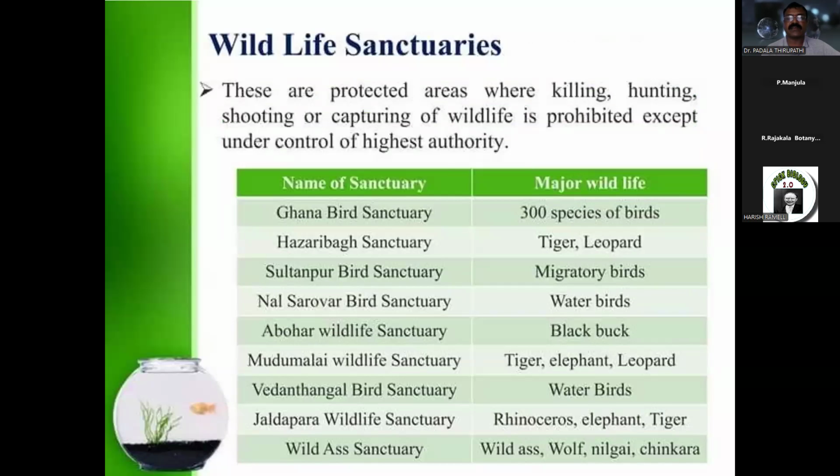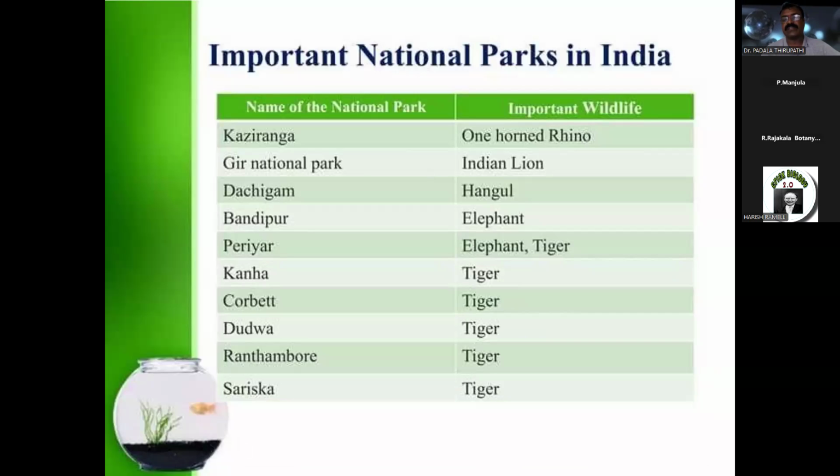Along with this, the states are also important for GK, current affairs, and other competitive exams. These national parks are established in which state? Kaziranga belongs to Assam state.